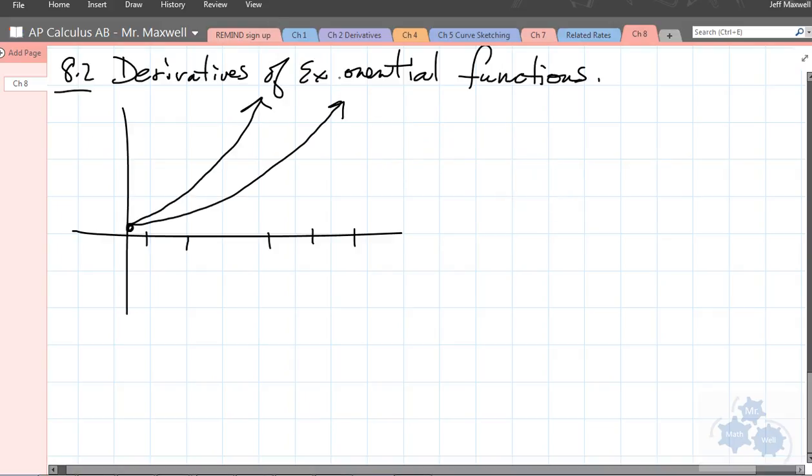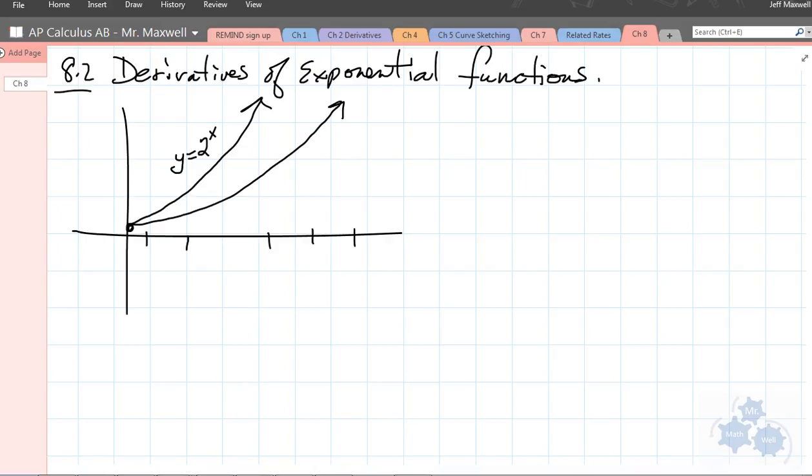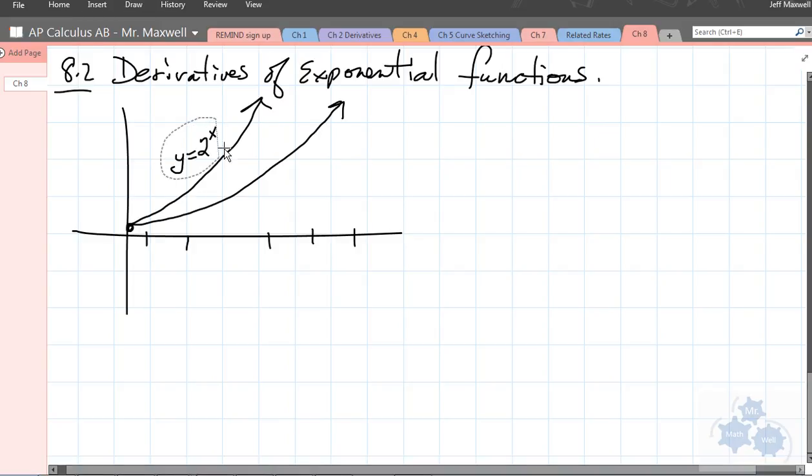Okay. All right. So we're going to take two exponential functions: y equals 2 to the power of x, and y equals 3 to the power of x.